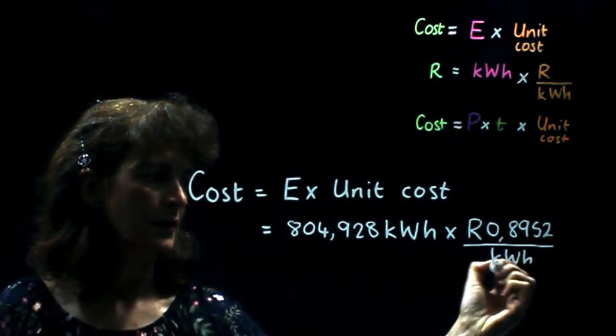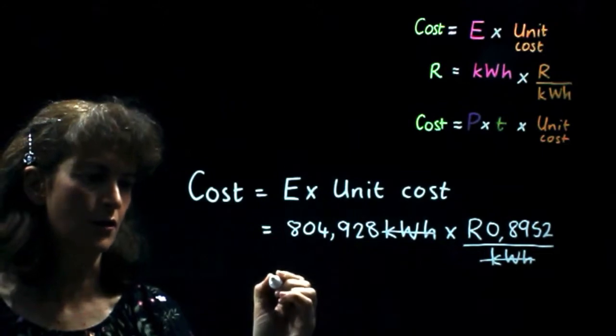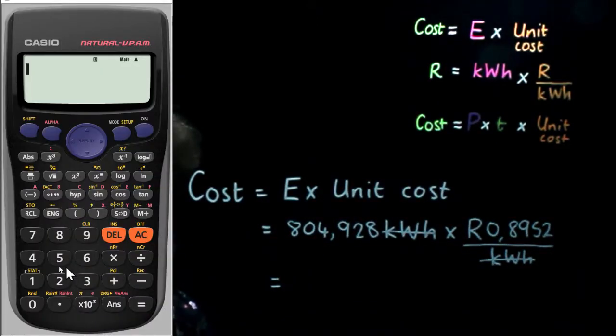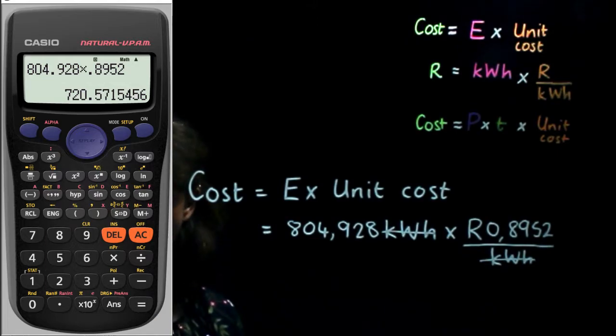Notice how kilowatt hours cancel. We're left with rands, which is the unit of cost. We get our calculator. 804.928 multiplied by 0.8952 is equal to 720 Rand and 57 cents.